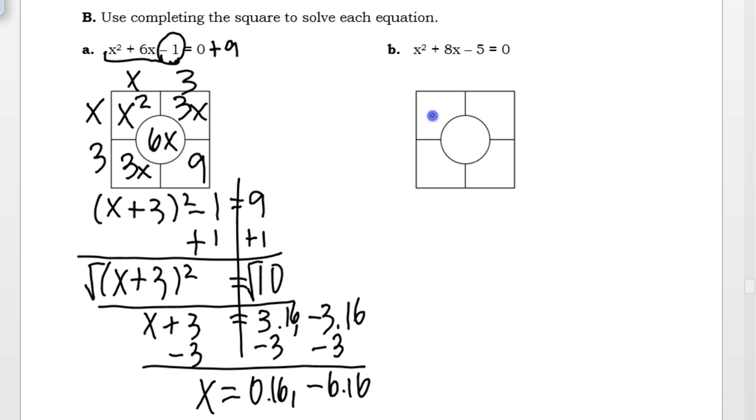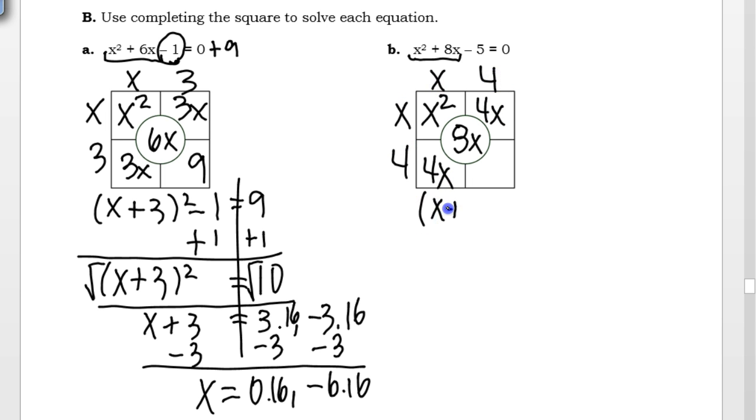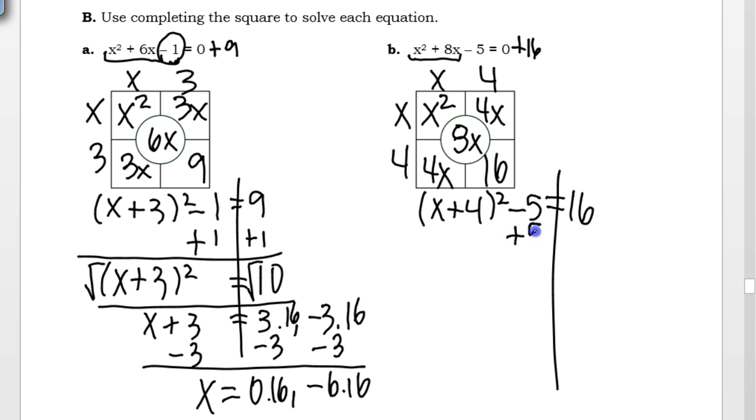We'll do one more. We put the first two terms in the box for vertex form. We split our middle term equally, which gives us two groups of x plus 4. The minus 5 is still where it was. 4 by 4 is 16, so we're going to add the 16 to the back, and then we can solve. Add 5 to both sides.